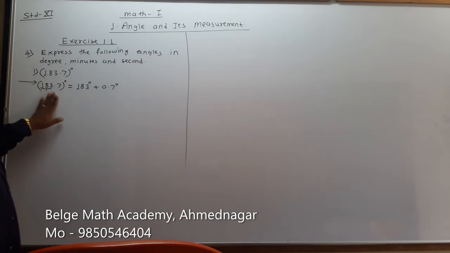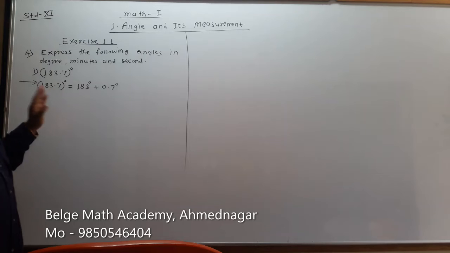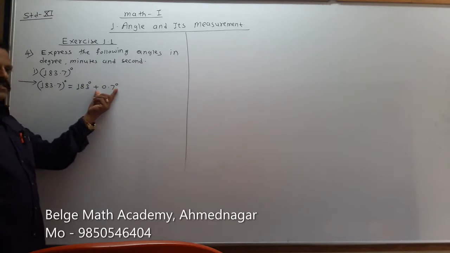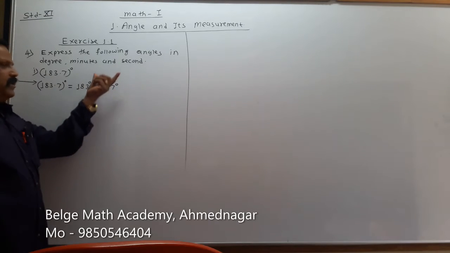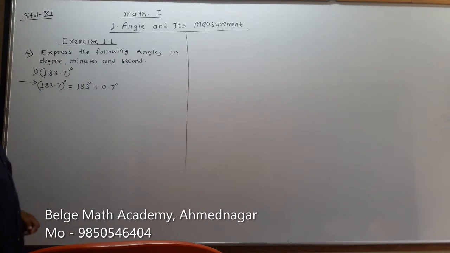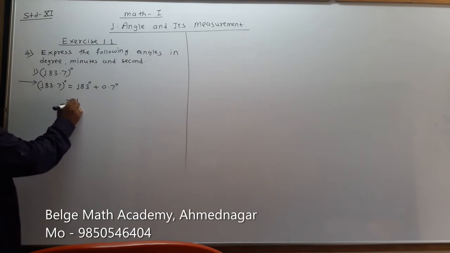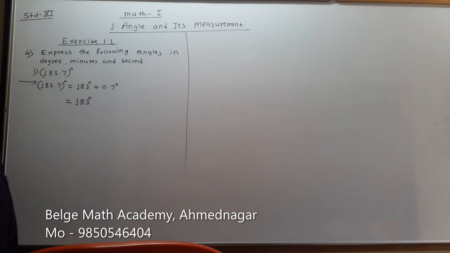So first we separated the integral part and decimal part, and it is written as 183 degree plus the decimal part 0.7 degree. Now the integral part is already in degree. There is no change.